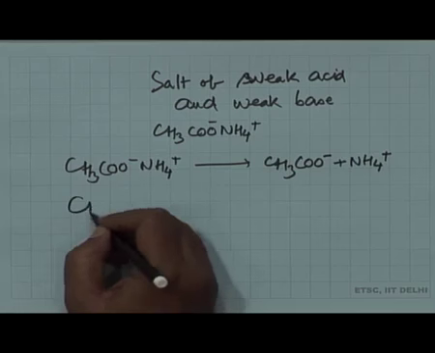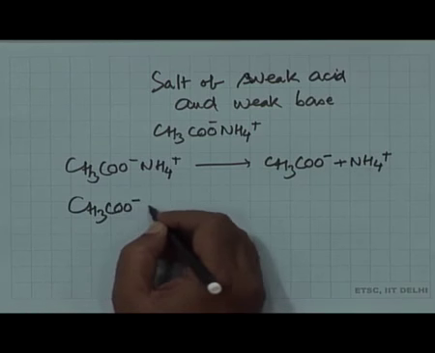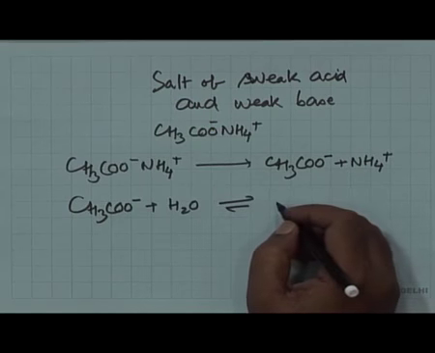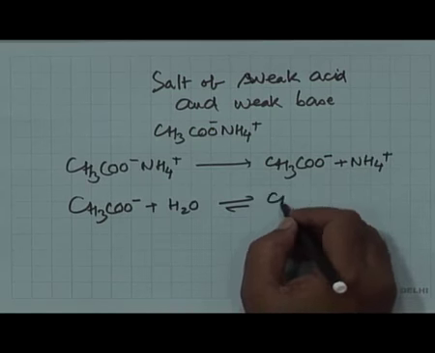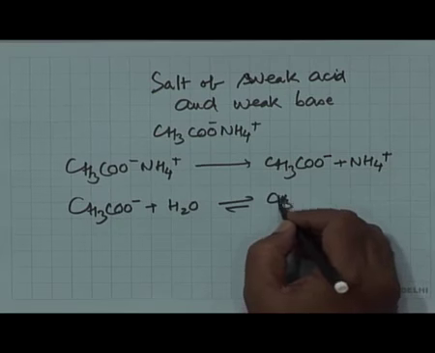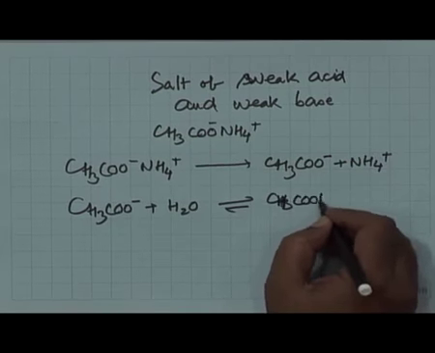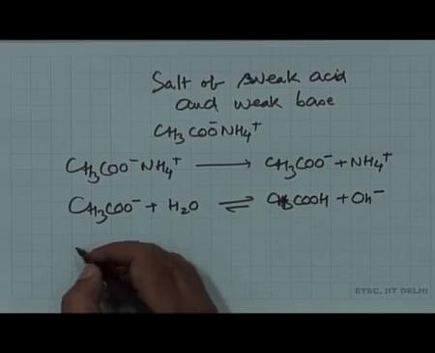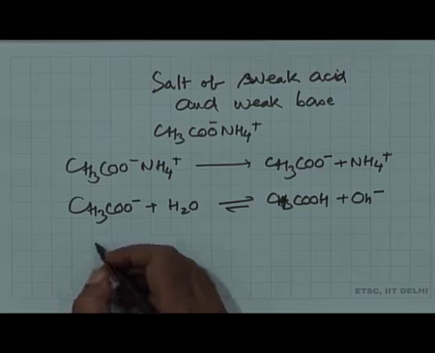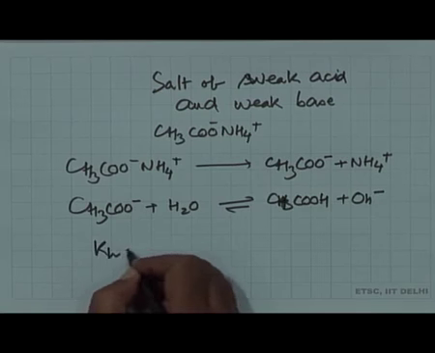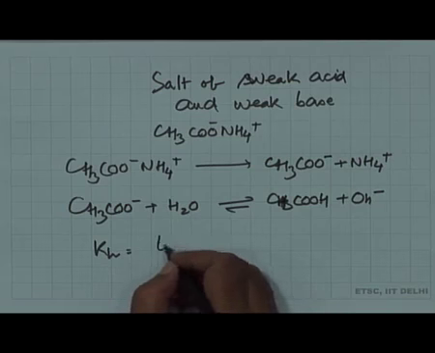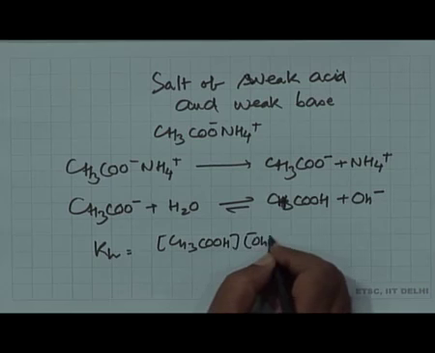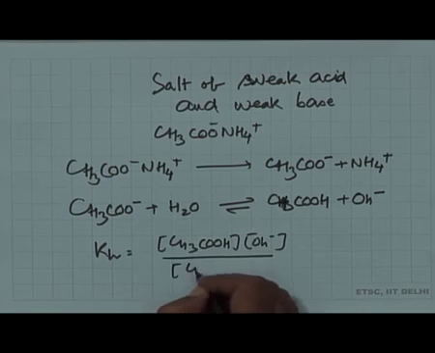Okay. And if you think about how acetate ion will behave in aqueous solution, it will basically extract H from water to give CH3COOH plus OH minus ion, and Kh will be equal to CH3COOH into OH minus divided by CH3COO minus.